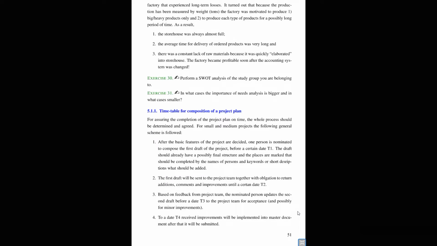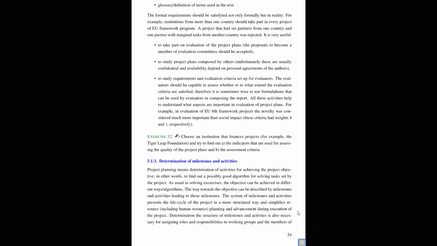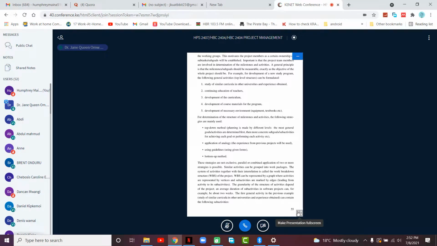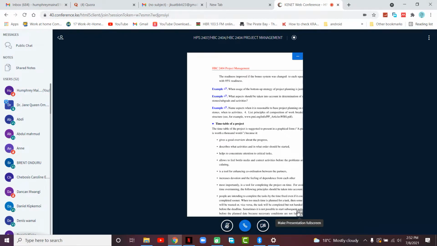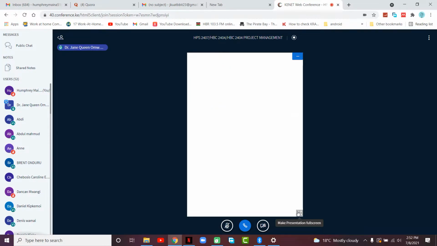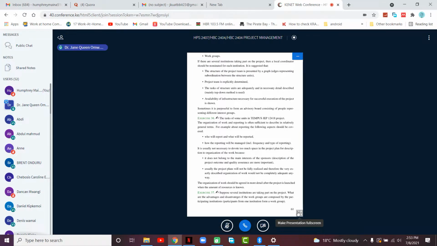We have seen the timetable for the composition of a project plan. We have seen the structure of a project plan. We have seen the timetable of a project plan. Then you are good to go.